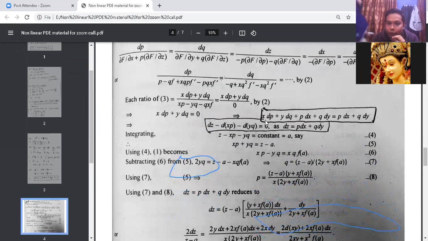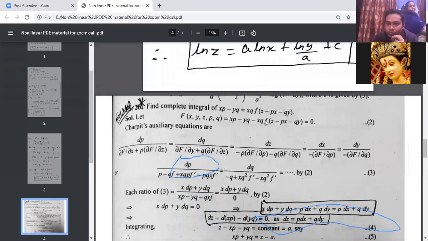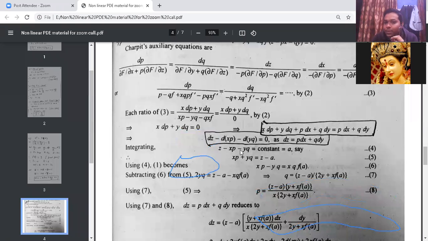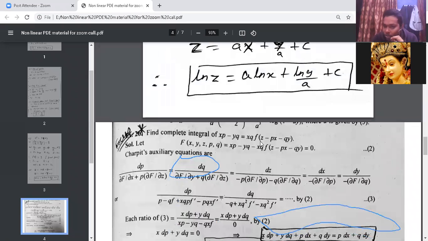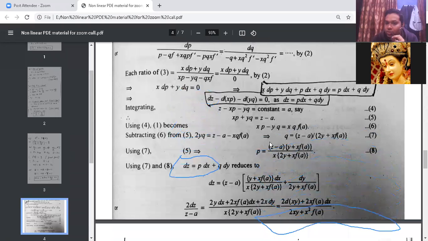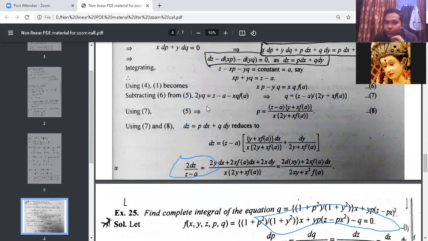Now if you see in this question, in the initial equation f of z minus px minus qy is given, and we have already found that z minus px minus qy is a constant a. Now they put a in the original equation, f of a, and then they found the second set of solutions, like you can see in the equation.